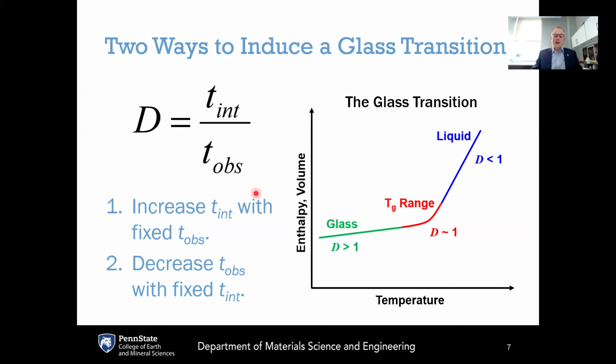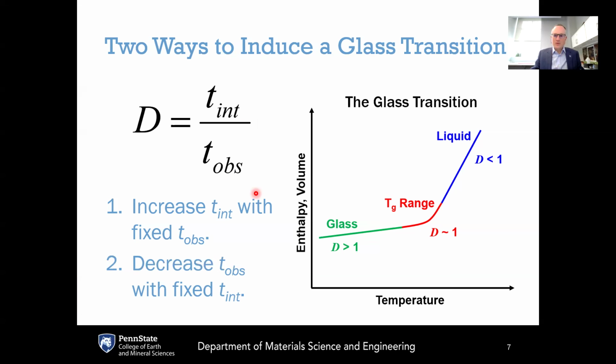This is used in a lot of spectroscopy experiments, such as specific heat spectroscopy, where a liquid, say around the glass transition region, is exposed to a spectroscopic stimulus where the frequency varies, and over lower frequencies, where there is a longer observation time, it will behave like a liquid.